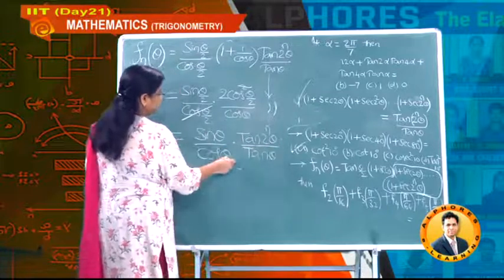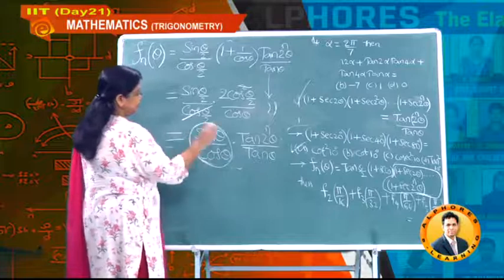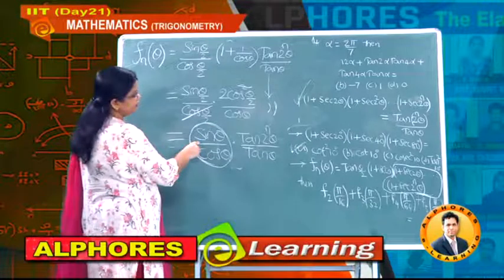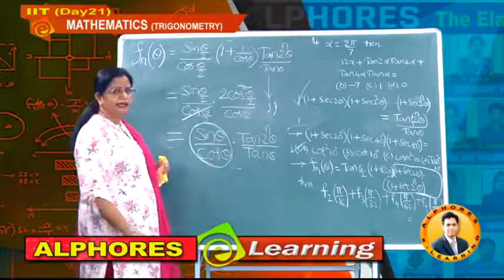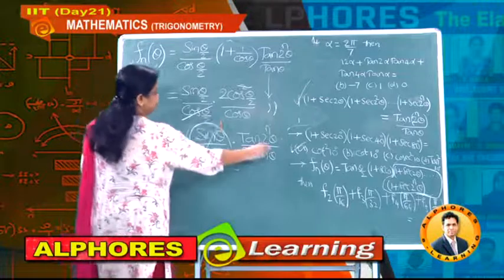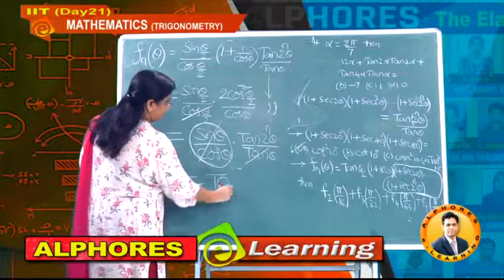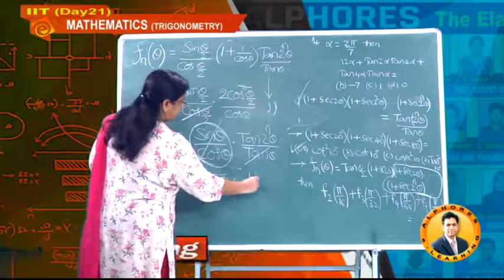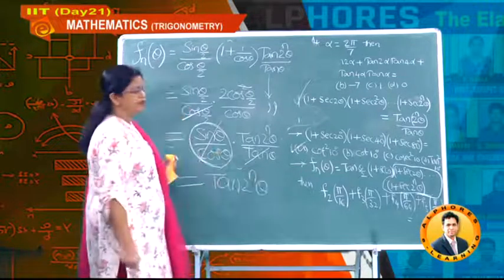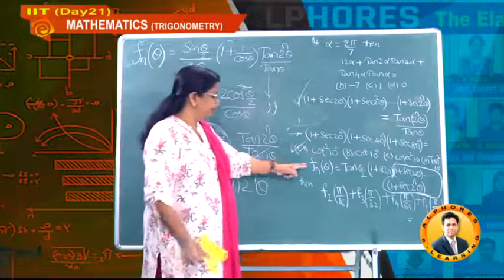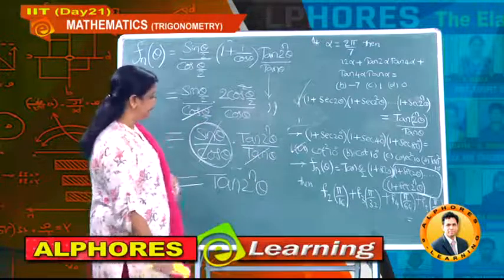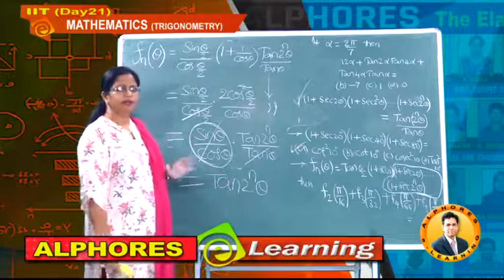Now students, what is this entire value? It is tan theta divided by tan theta, both values get cancelled. So what is the value you got finally? Tan 2 to the power of n theta. So what is Fn theta you got finally? Tan 2 power n theta.